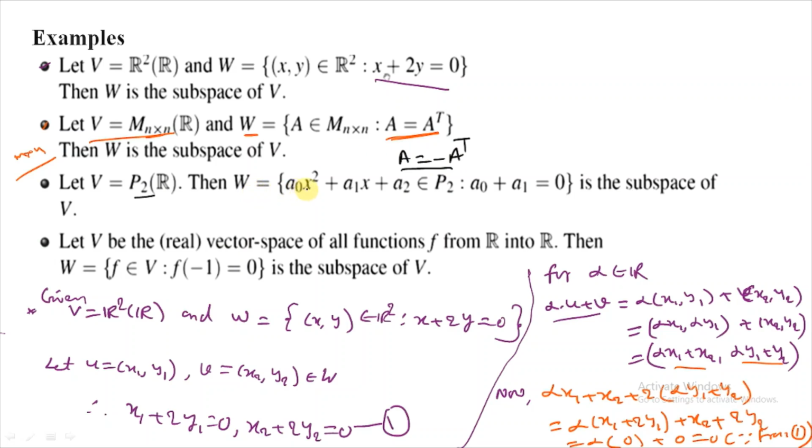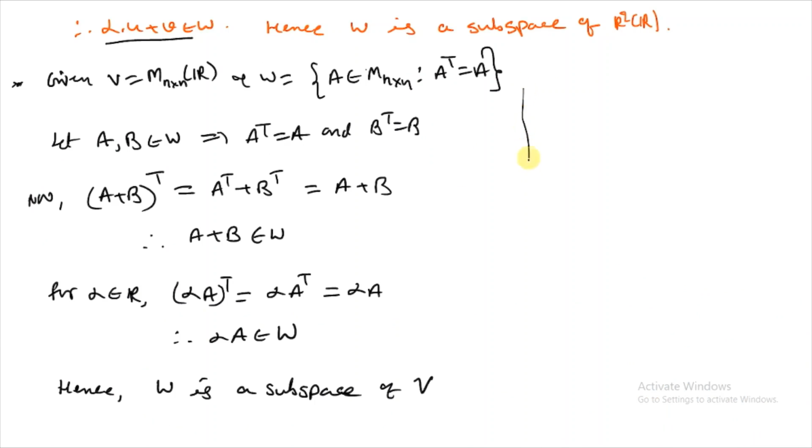Here the given V is P2 over R. P2 means the polynomials whose degree is less than or equal to 2, the set of all polynomials whose degree is less than or equal to 2. How to check this? Take any two polynomials. I just give the idea, you can try this one. Third problem: let P(x), Q(x) belong to W.